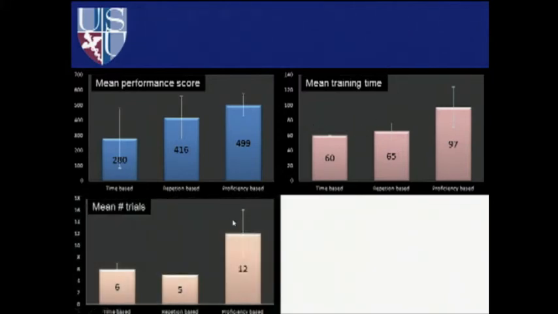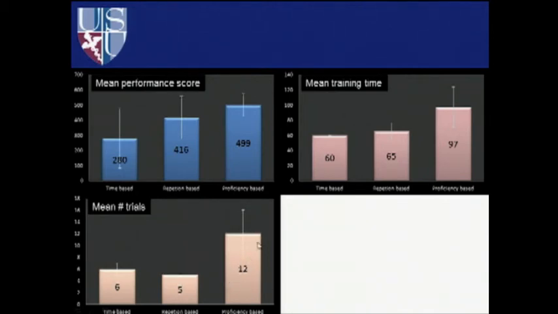The number of trials, again, mirrors very much the training time. I thought it was interesting that the repetition-based group did fewer trials but took longer. I mean, they were limited to 5, but it took them a little over an hour, whereas in the time-based group, they did about 6 trials. I'm not sure exactly how that equates. Maybe they knew they only had to do 5, so they goofed off more. I don't know.